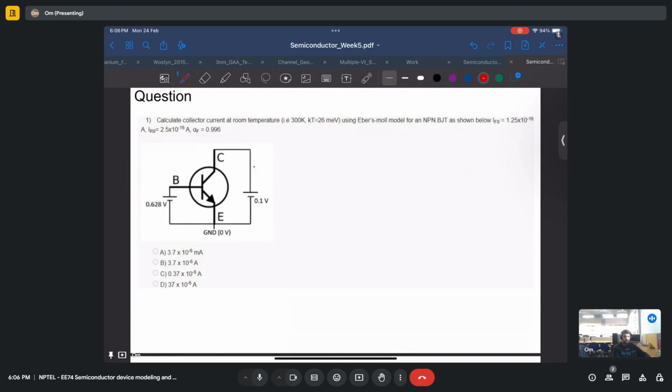So here what we have is an NPN BJT, right? If you see, the NPN BJT will have N, P, and N. So the base emitter junction is forward biased, and then between the collector and emitter there is 0.1 volts.